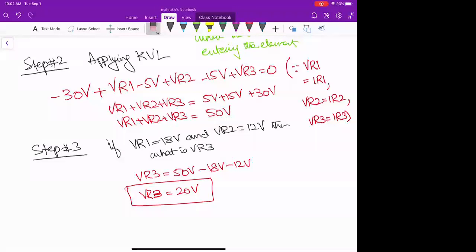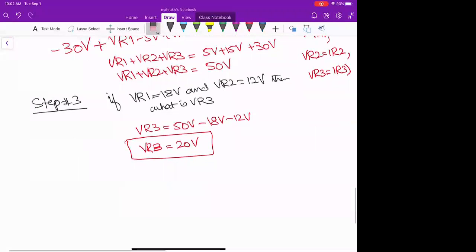Wait, I have a question. Can you explain again how you said that the VR1 is equal to the IR1? Okay. Do you remember Ohm's law? Ohm's law was that V is equal to IR, right? Yes. So we have said that voltage is equal to IR.